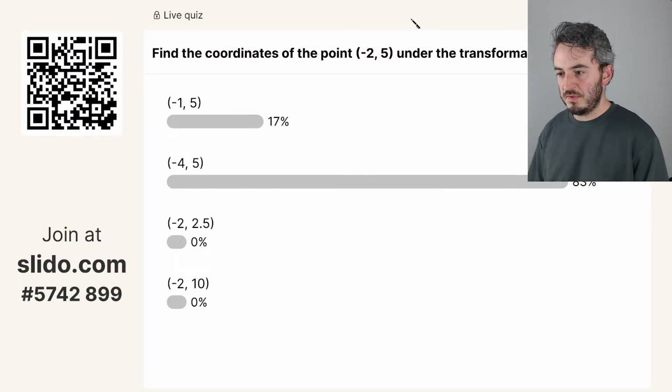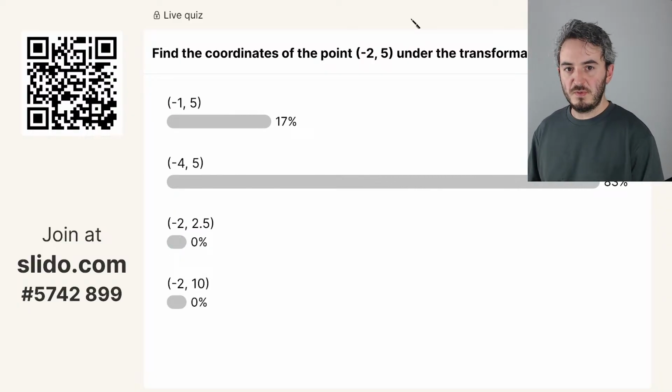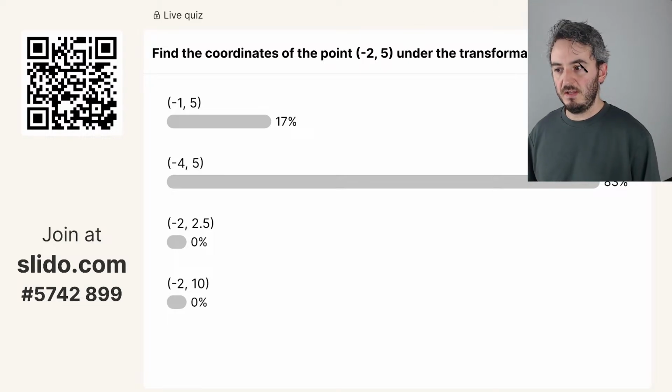Okay, let's see results. Okay, most people got that. So that transformation is in the x direction, so it's affecting x values. You would think it would halve them, but it actually doubles them.